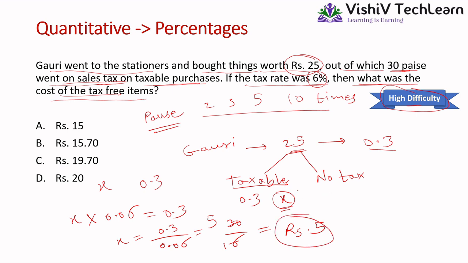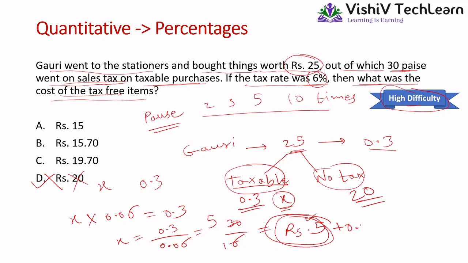Now here many of the students make the mistake that if 5 rupees is for taxable items, then non-taxable items will be rupees 20. But option 20 is incorrect. This is incorrect. Why? Because taxable items were costing rupees 5, and this tax, that also we need to add to it.